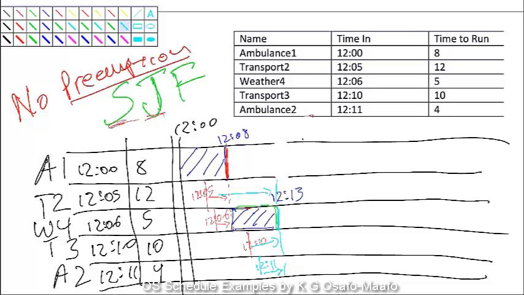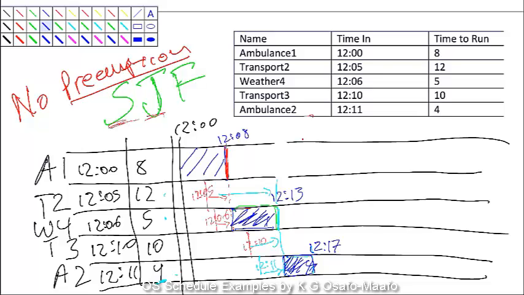So now there are 3 jobs in contention, and of the 3, the shortest is A2, who's going to run for 4 minutes. So until 12:17, that one gets to run.